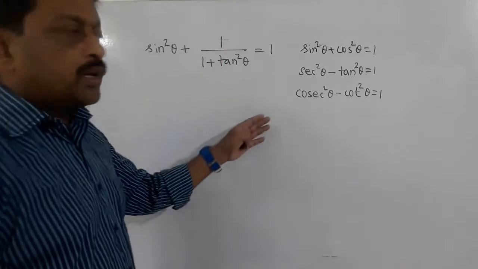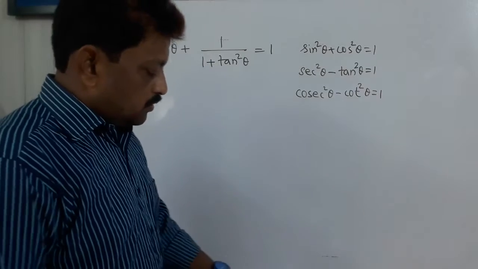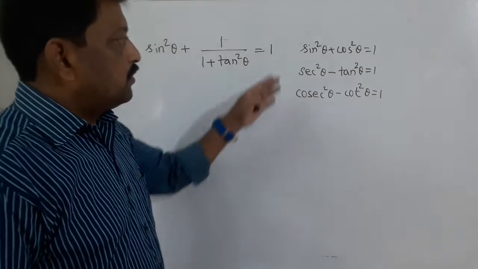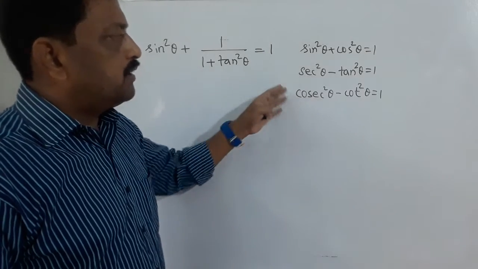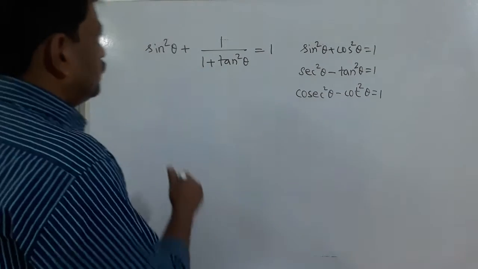These are the common identities which will be required during the session today and the next session also. So the basic identities are these three. I am going to use these identities here.